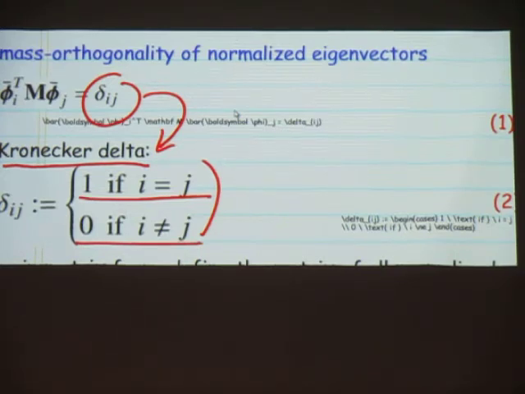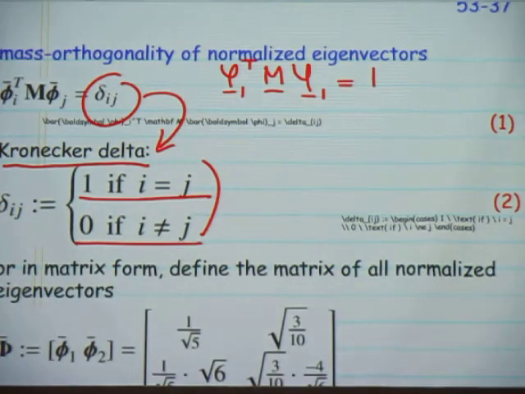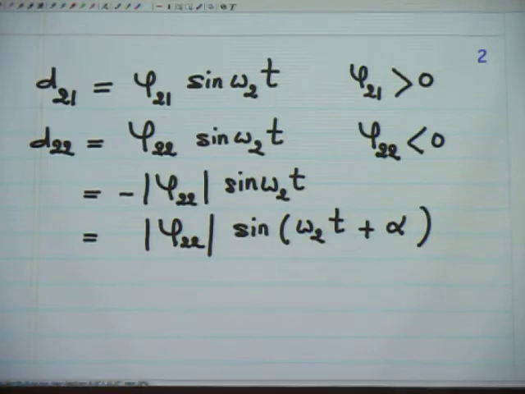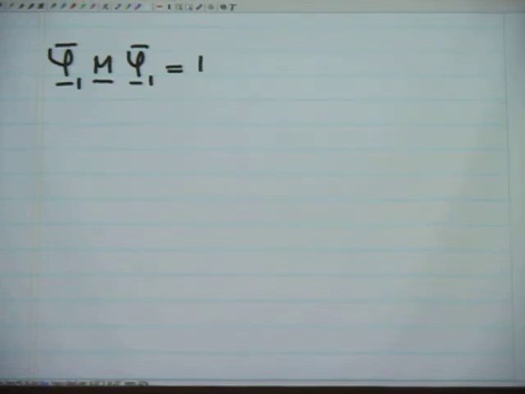Very simple. Phi 1 transpose M phi 1 equal to 1. Maybe I should write in my notes so you have something left to review. What it says is the following: phi 1, now we need the bar, because we already normalized, transpose times the mass matrix times phi 1 bar is equal to 1, because in this case i equals j equals 1.